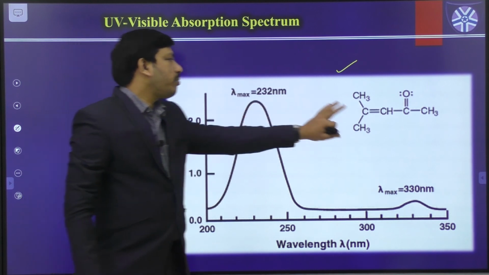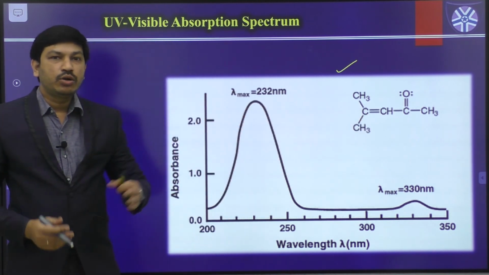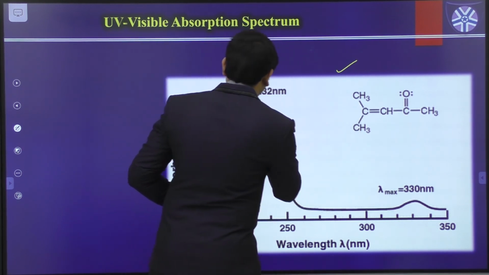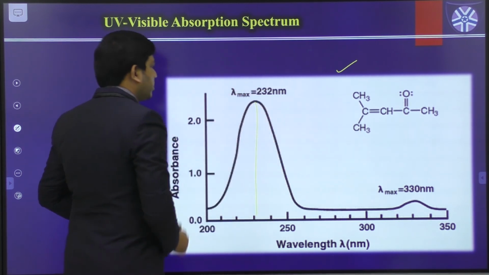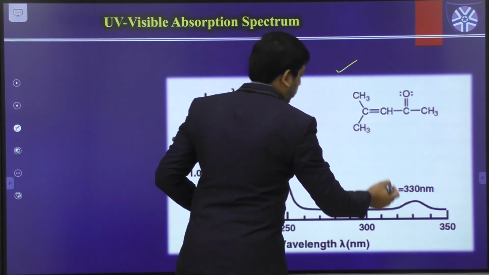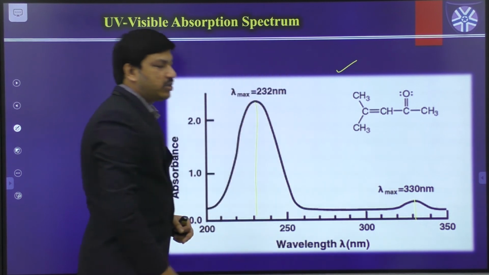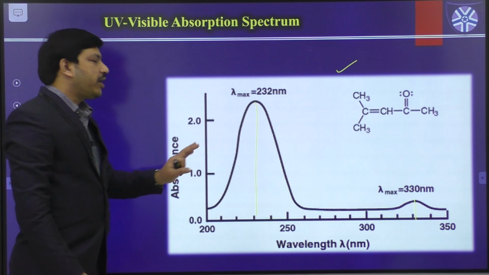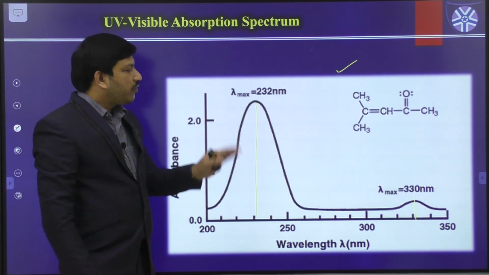In this molecule majorly there are two different absorptions. One is around 230 nanometers, and the other peak is around 330 nanometers, like this. Like this we always have to generate the absorption spectrum for various molecules.